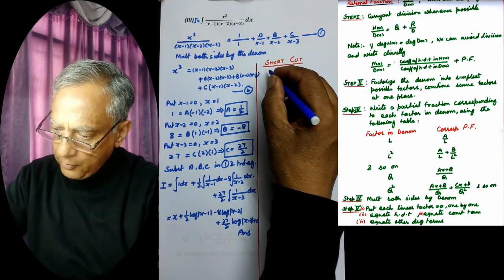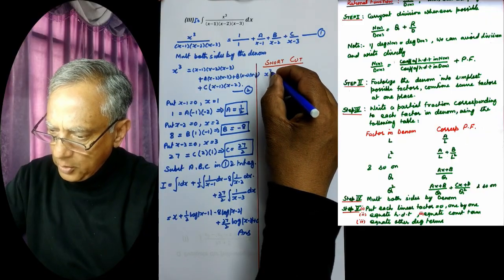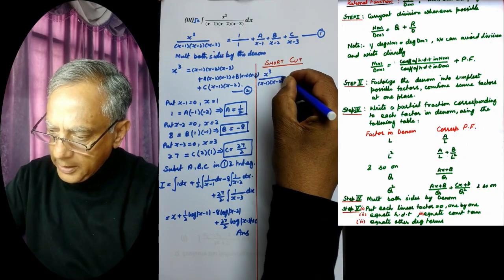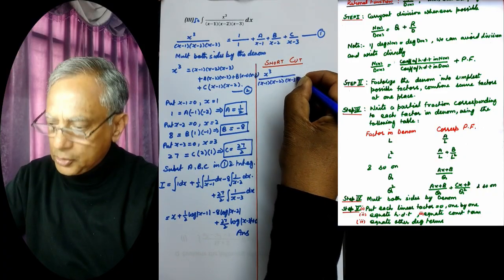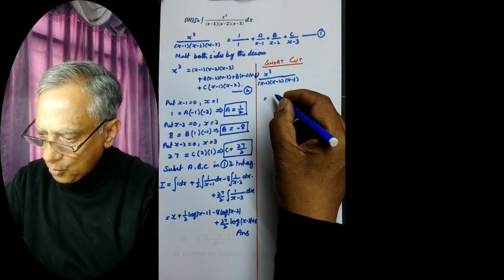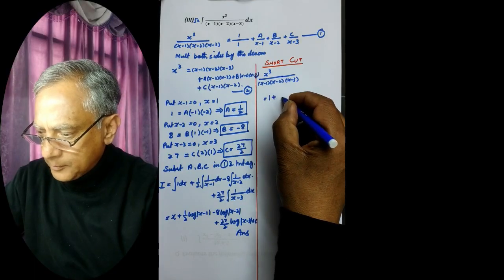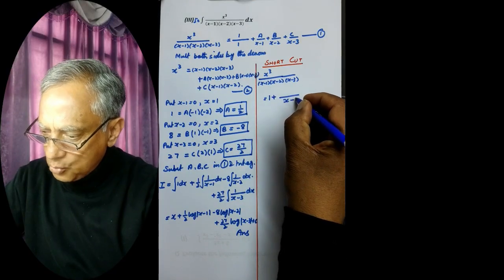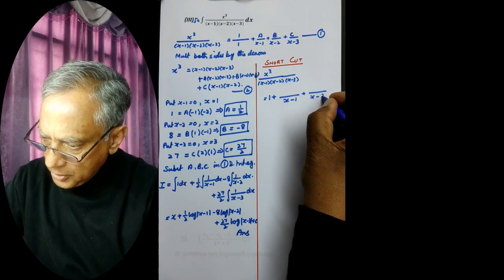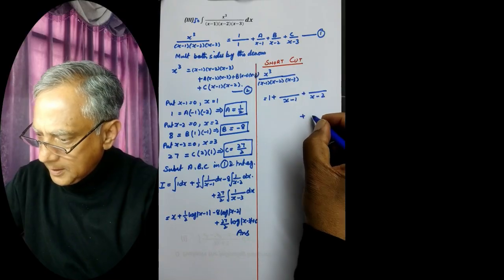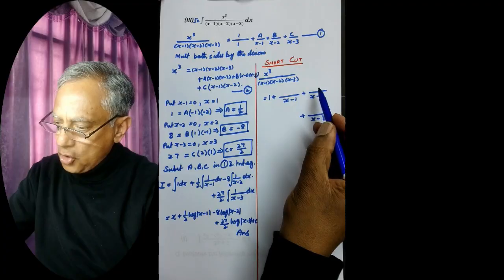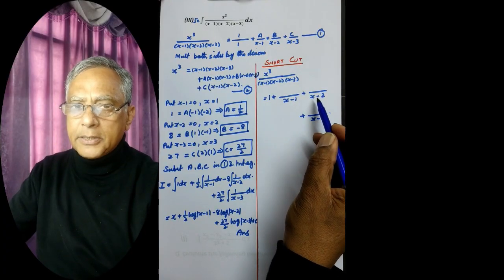What we do is we write x cube over (x minus 1) into (x minus 2) into (x minus 3) equal to 1 plus A over x minus 1 plus B over x minus 2 plus C over x minus 3, and find these constants by direct substitution.